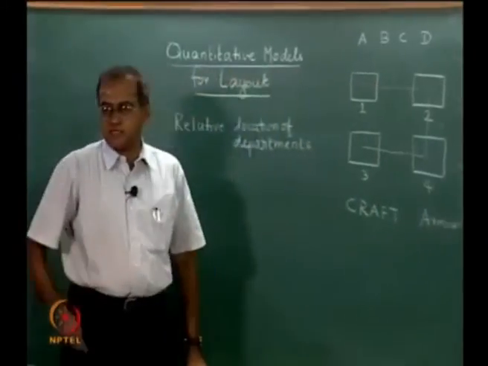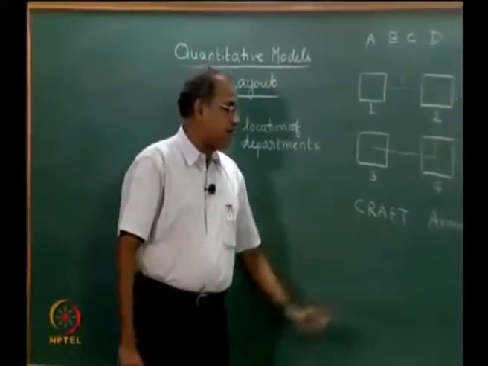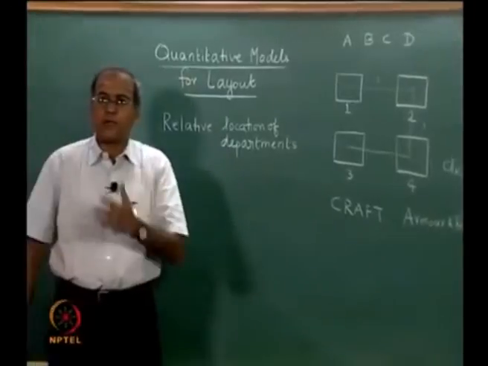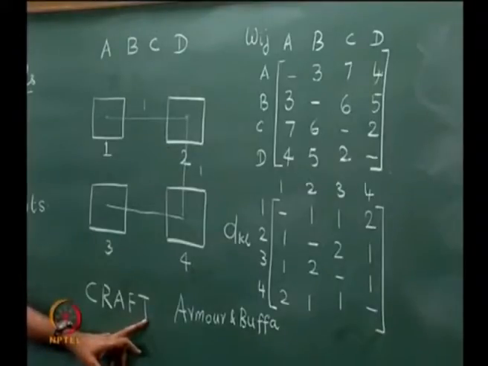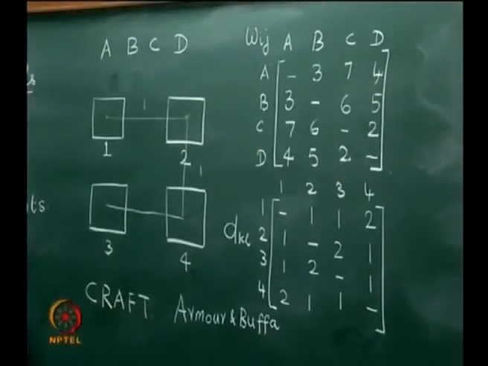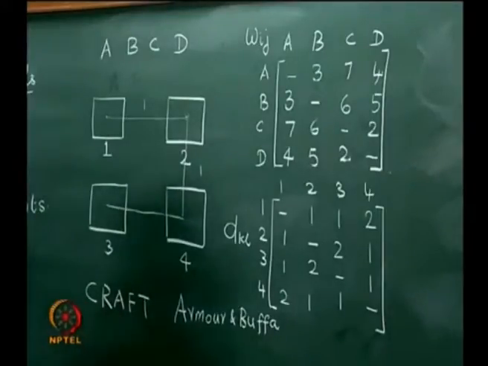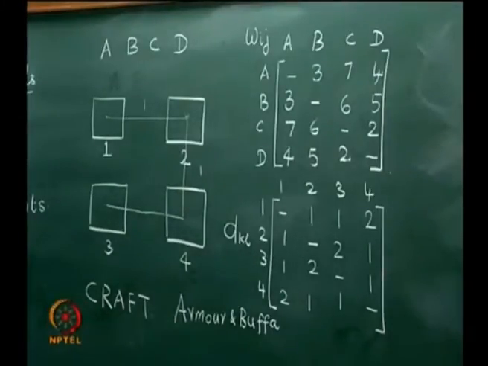somewhere in the early 60s, and Craft algorithm stands for computerized relative allocation of facilities technique. So, CRAFT stands for computerized relative allocation of facilities technique, and Craft is a method by which we also bring the areas of the various departments and then try to optimize the ton kilometer or material distance in a layout.